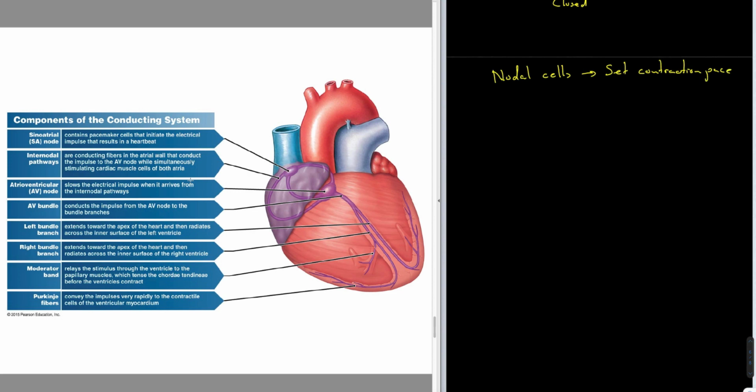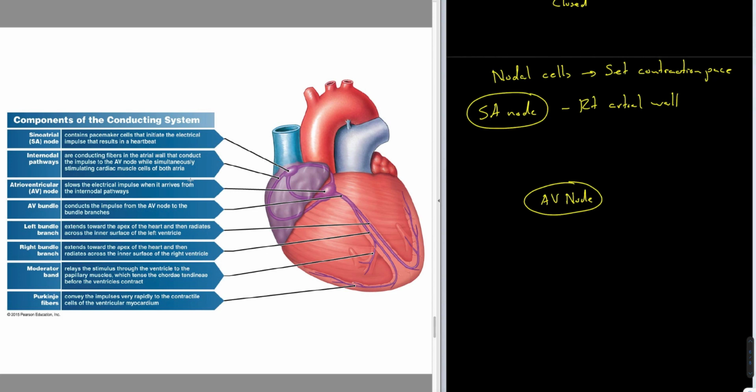The first group of pacemaker cells are called the SA node. Okay. SA stands for sinoatrial. We find this up in the right atrial wall. And it's going to send signals down to another group of nodes called the AV node.